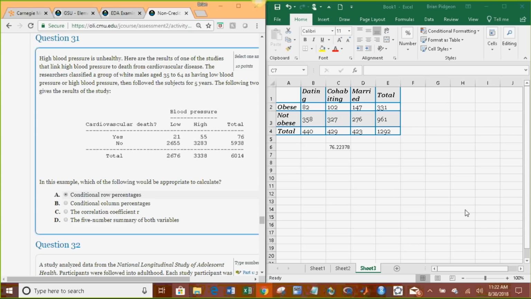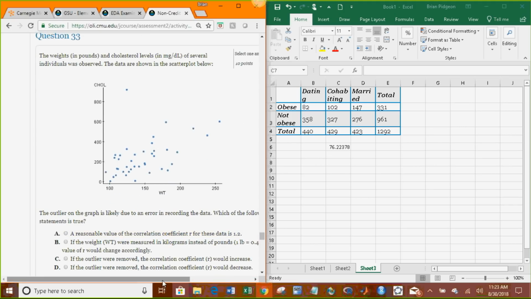All right, so what we're looking for here is to explain cardiovascular death from blood pressure. Because blood pressure is your explanatory variable in this case, they are the columns. So you're looking to see within the columns, is there a higher percentage of cardiovascular death? So we would say that this is conditional column percentages. All right.